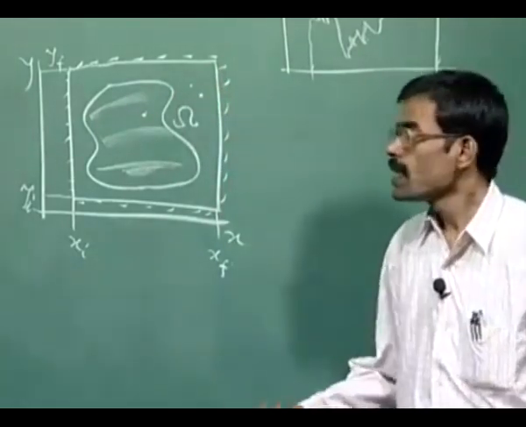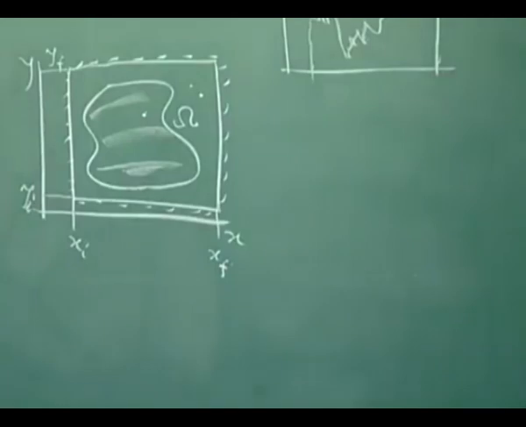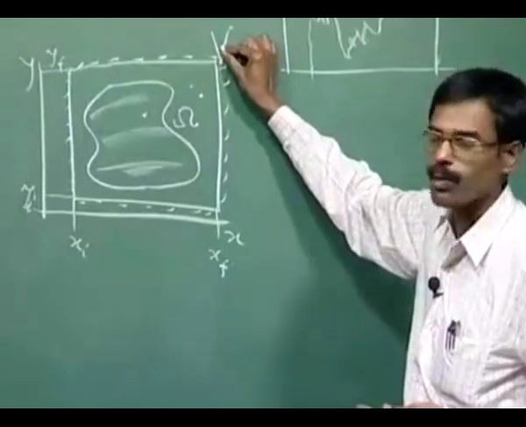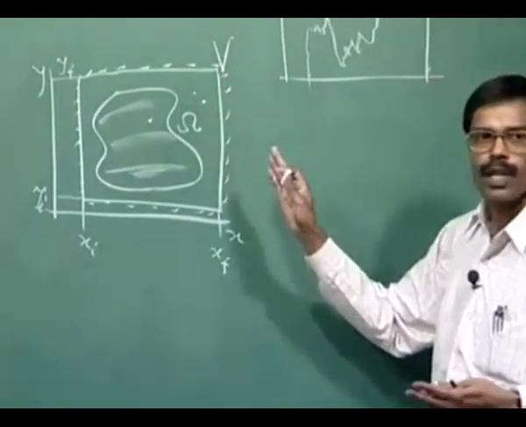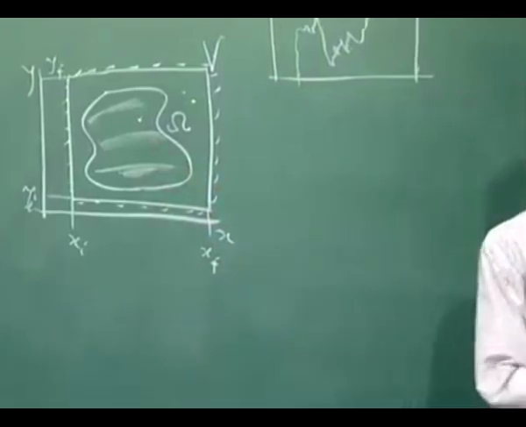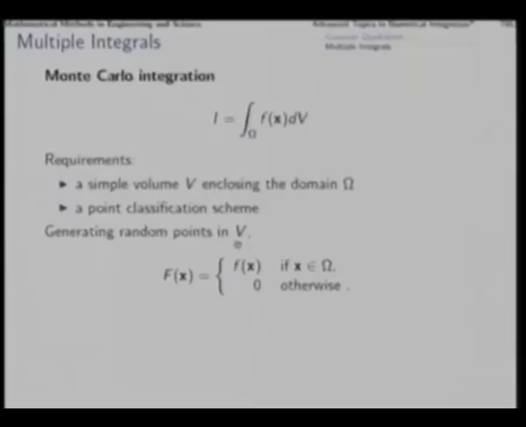With these two things in hand, we can generate random points in this big volume V, and then if the point is within omega also, we count f(x), and if it is not within omega, we count 0, and then we go on adding.